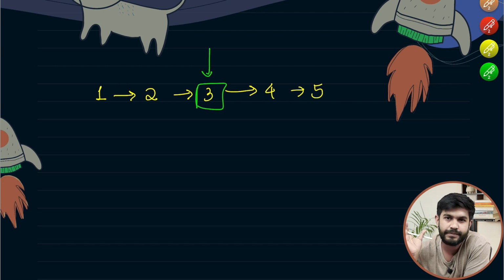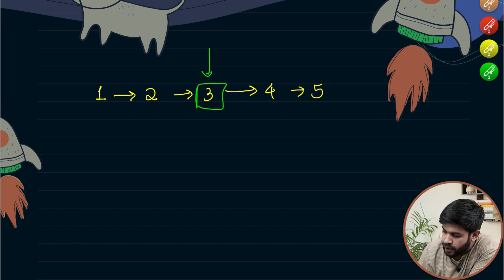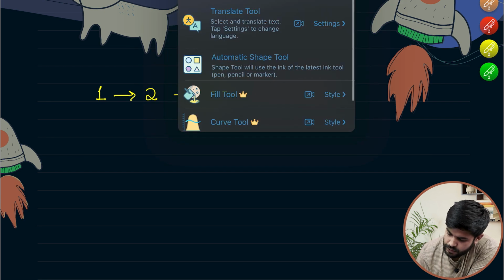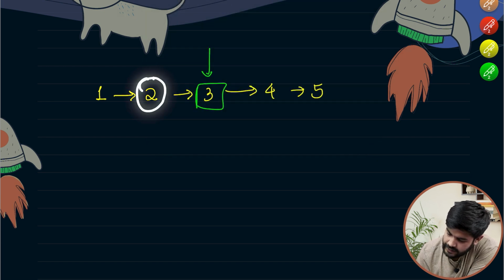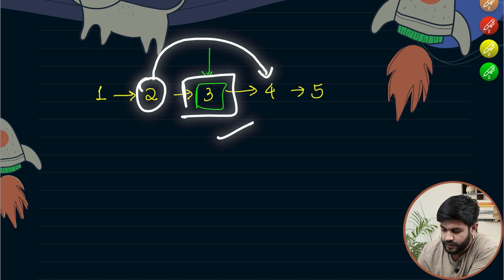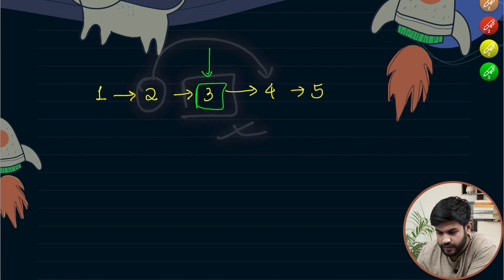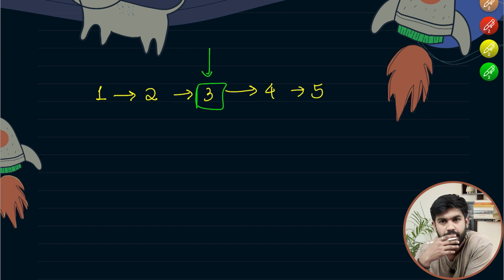Okay. So the general process of deleting a node is that you go back to the previous node and then you just link it with the next node and then you delete this node. This is the general process. But to delete this node, we need the link of the previous node.